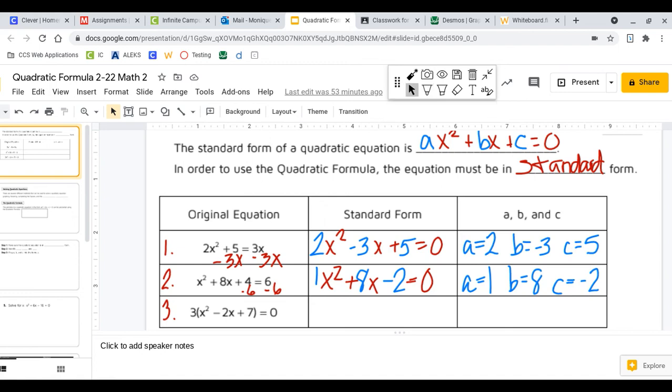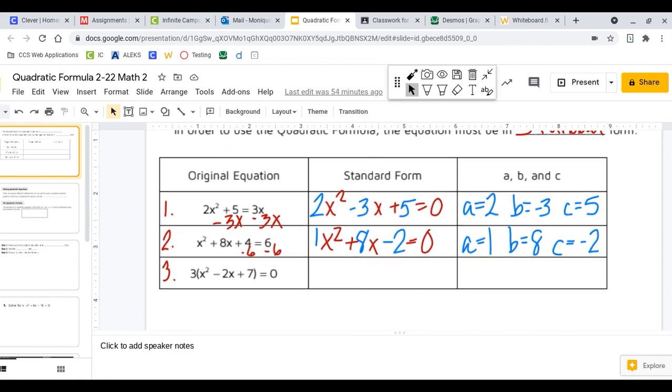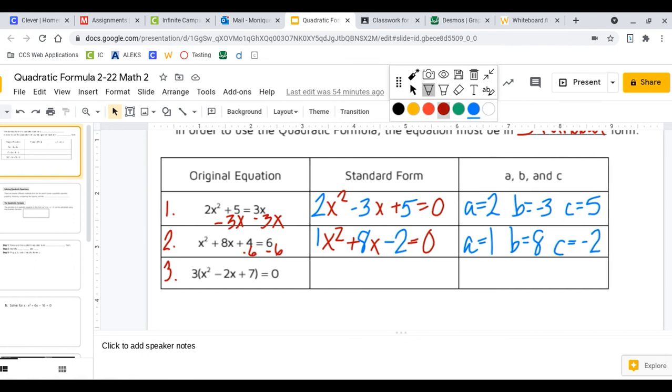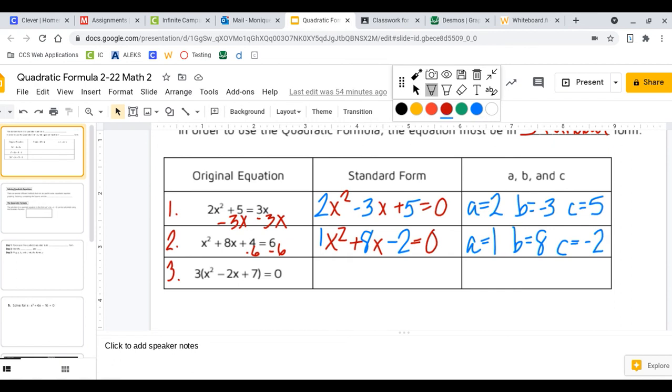All right, you are going to do the last one on your own. Be careful, it is not in standard form yet. The first thing we want to do to get it into standard form is distribute that 3. Since this is 3 times, because the parentheses tell me to multiply, I'm going to multiply this 3 by everything inside. First I get 3x squared.